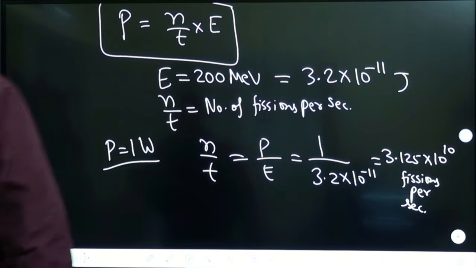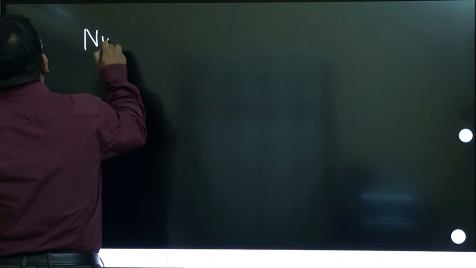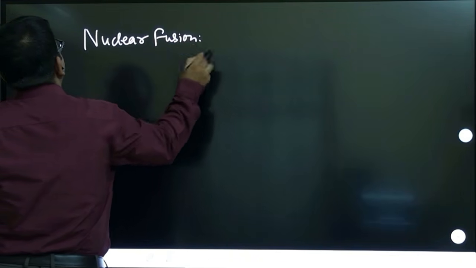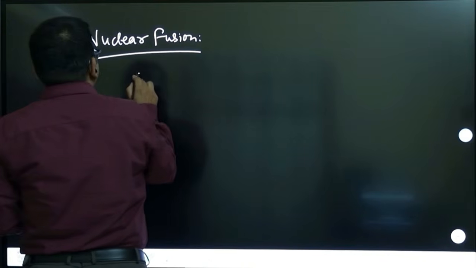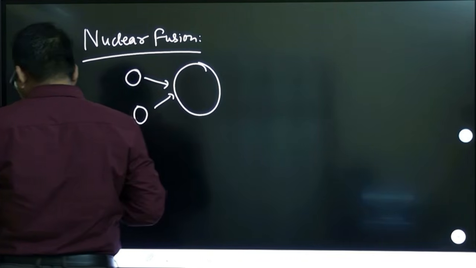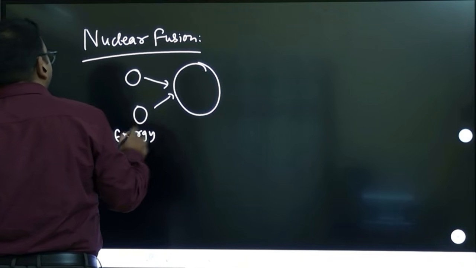Then the last topic is nuclear fusion. Nuclear fusion, let us discuss. In nuclear fusion, two small lighter nuclei combine to form a bigger nucleus, but of course energy is needed here. Without energy you cannot fuse.